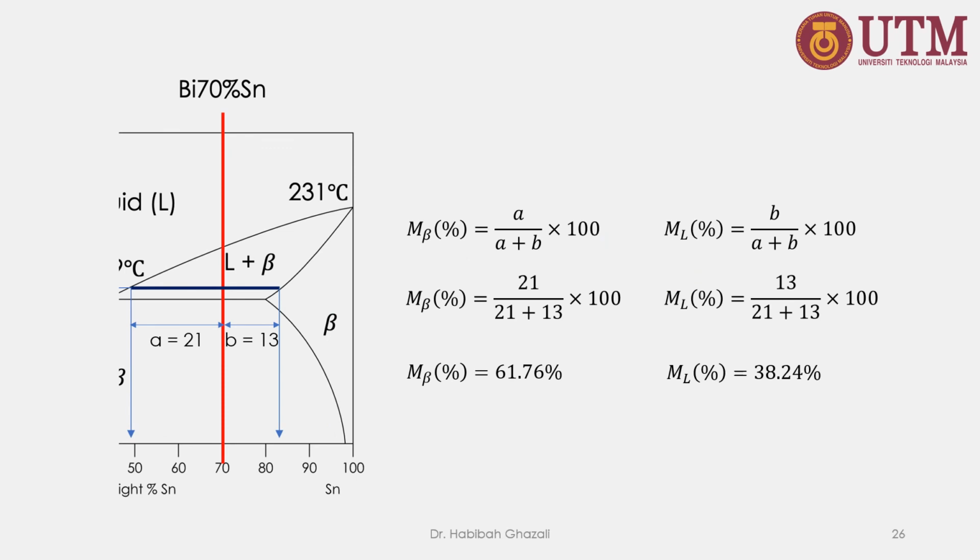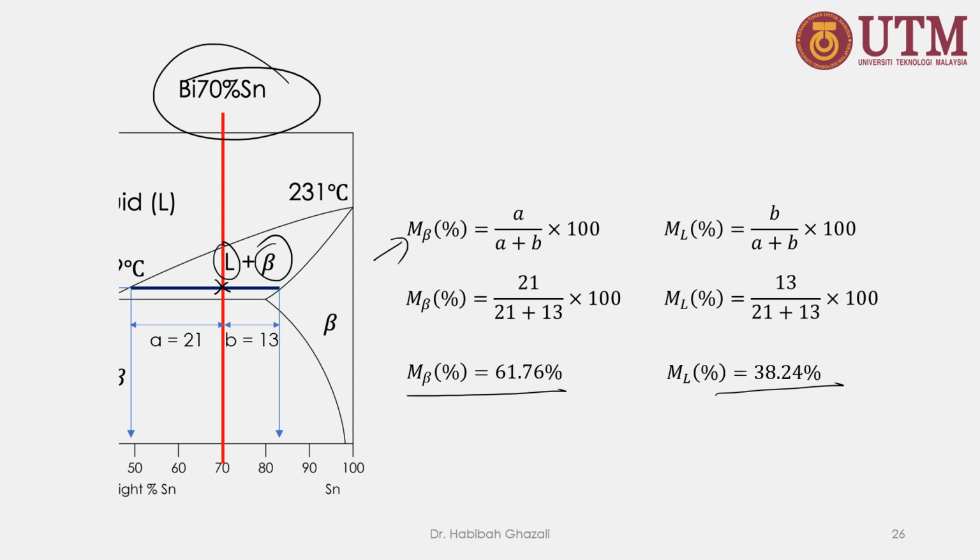So similarly with the isomorphous system, using the lever rules, we can get the mass fraction for each of the phases. At this point here, at 150 degrees Celsius, we have liquid and beta solid solution. Using this equation, we get that at 150 degrees Celsius for this alloy, 61.76% of the liquid has already been transformed to solid and the remaining is still in liquid form.